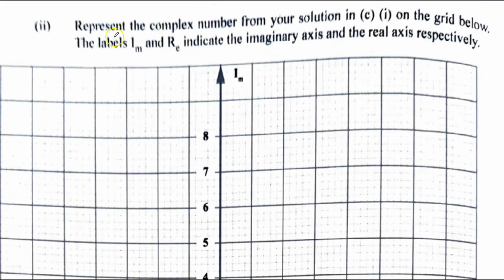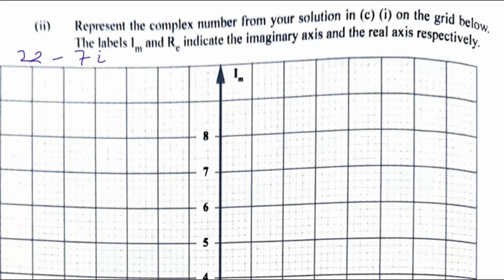In C part 2, we're asked to represent the complex number from part C1. And remember the complex number we got, it was 22 minus 7i. We're asked to represent it on the axis below, on the Cartesian plane below.